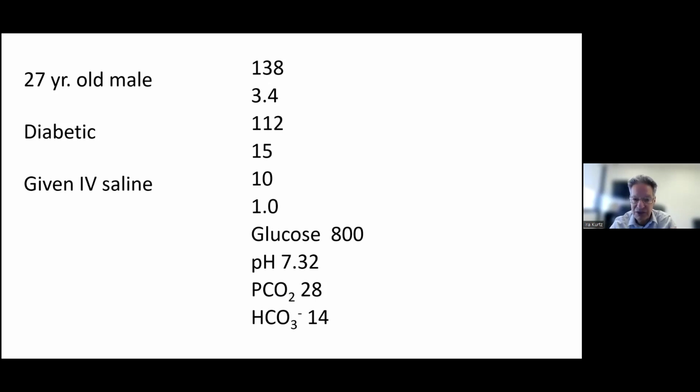Now, if it wasn't approximately 1-to-1, then you would use the word respiratory acid-base disorder. If it's above 28, then this patient would also have a respiratory acidosis. And if it's below 28, the patient would have a respiratory alkalosis. But at 28, you don't use the term respiratory.